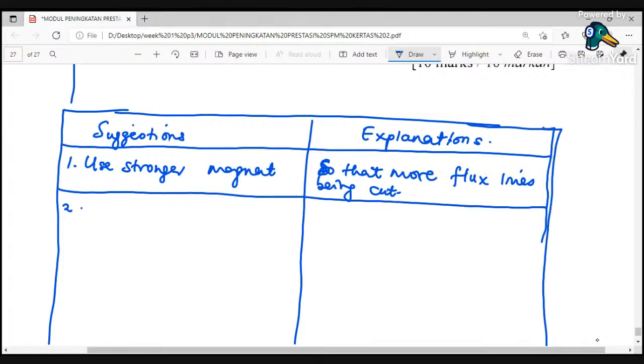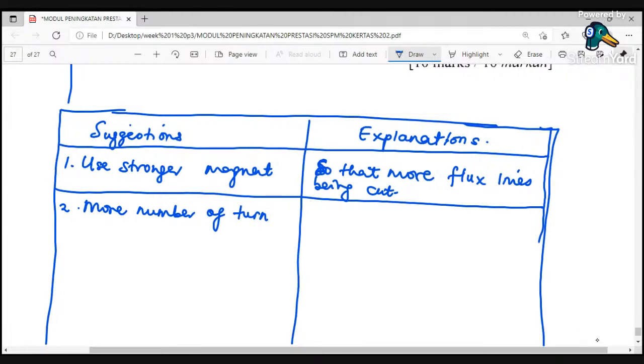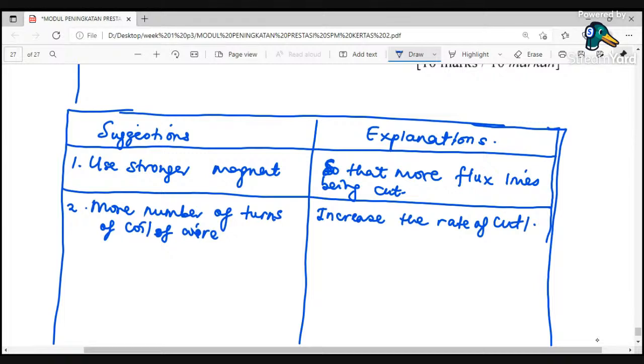Second point, more number of turns is used of coil of area, increase the rate of cutting of magnetic flux.